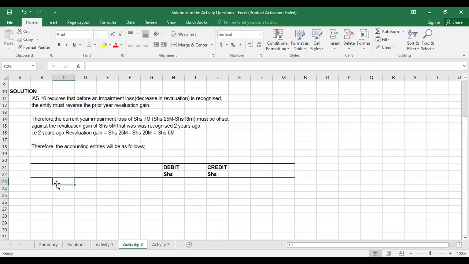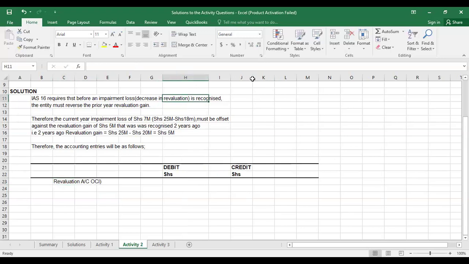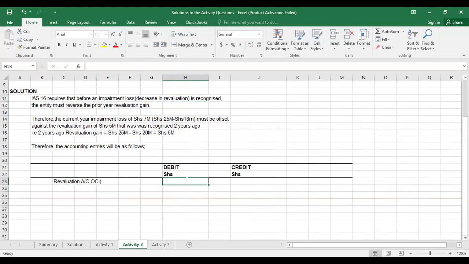So our revaluation account in our other comprehensive income will have 5 million.